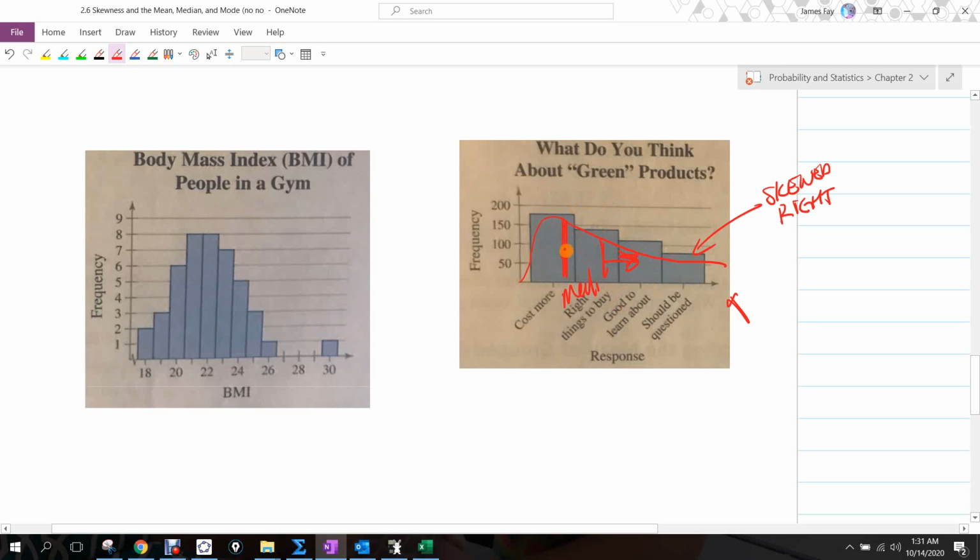When it's skewed to the right, the mean is pulled away towards the outliers, towards the tail. And when that happens, the median is the best descriptor for center. Okay, so median would be my best here.